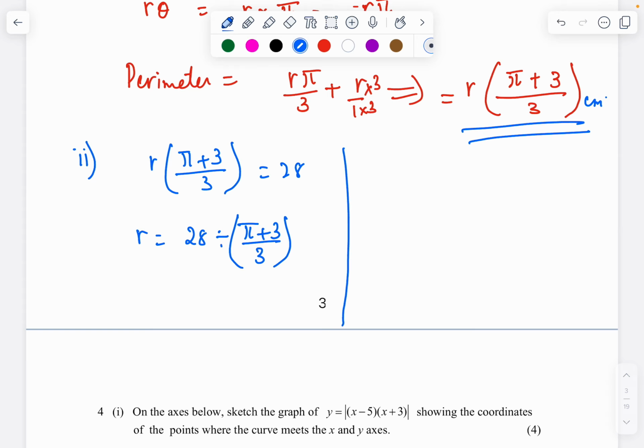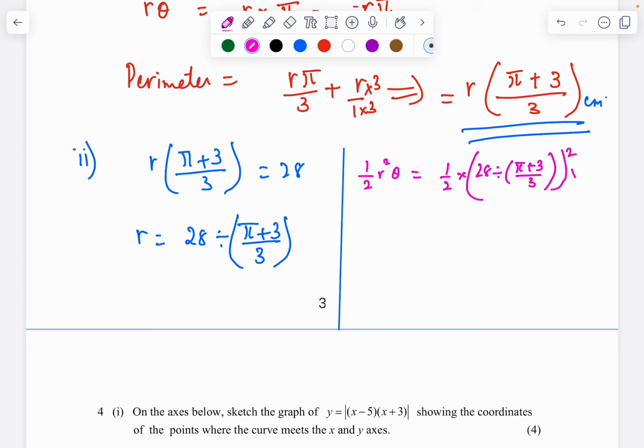I will first find the area of the sector, which is half r squared theta, which is going to be half, r we already have here, so just write it down, the same thing, whole squared, times theta. Theta is pi by 3. This is the area of the sector, right?